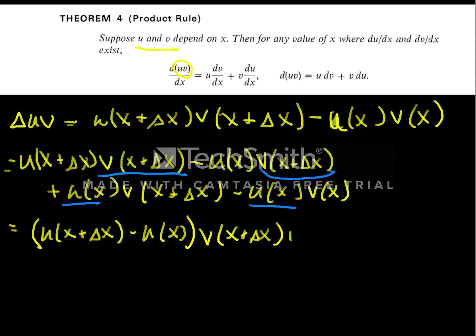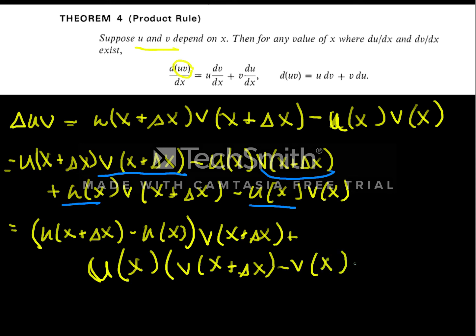And then it's plus, and now I'm going to factor the u of x out, so plus u of x times v of x plus delta x minus v of x. And why this is such a nice feature is because this right here is just my delta u, right? That's delta u. And this right here is delta v.